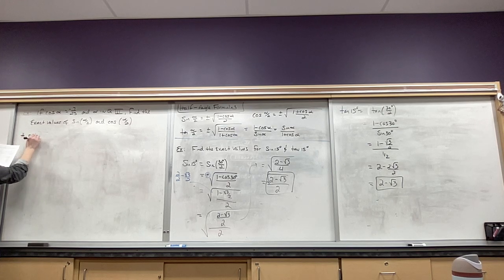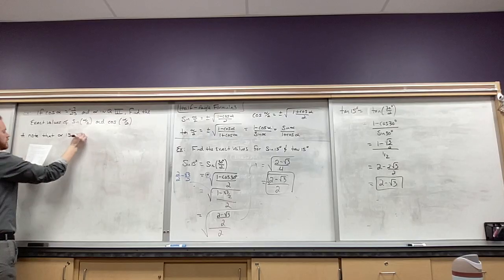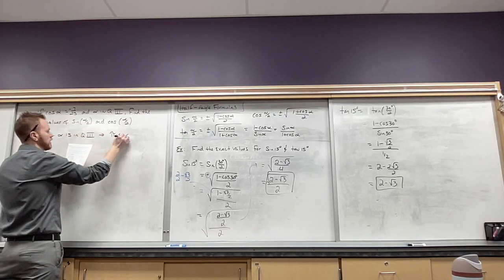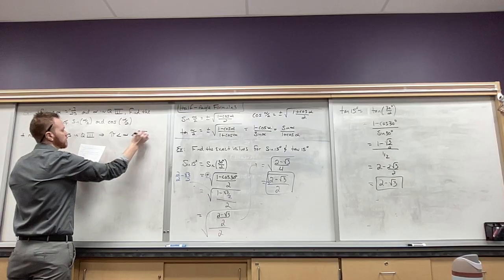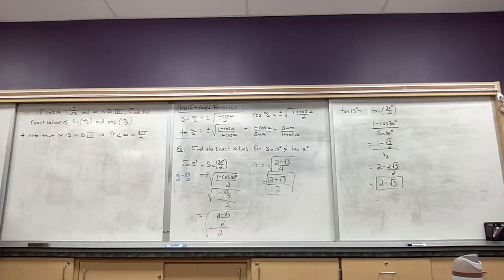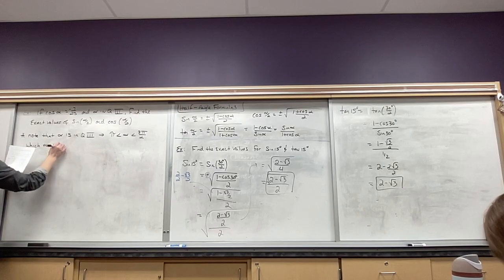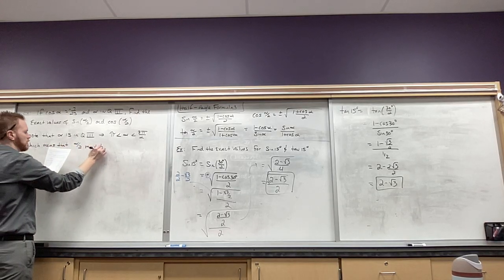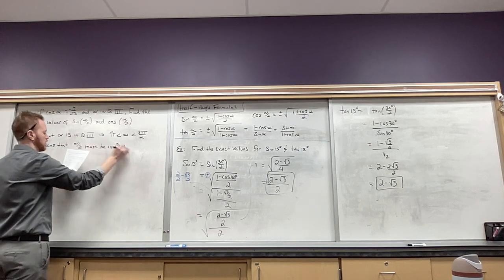Note that alpha is in quadrant 3, okay? So that's between pi and 3 pi over 2. Okay, so that's where it is currently. But I want to figure out where alpha divided by 2 is going to be located, what quadrant. So this means that alpha over 2 must be in quadrant 2.